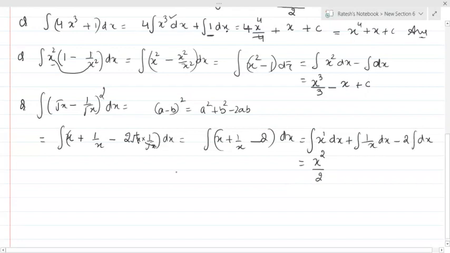Okay, I forgot to tell you one more formula. The integration of 1 over x will be log x, whatever the term is here. So the integration of 1 over x will be log of mod x. Minus 2, it is a constant again, no variable term is there, meaning 1 is there. Then the integration of this will be x.